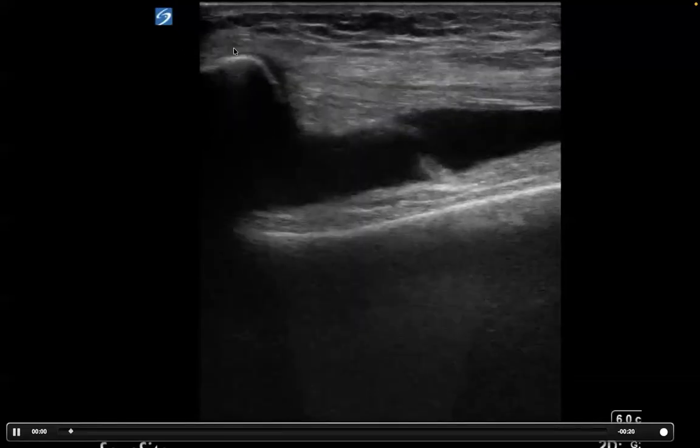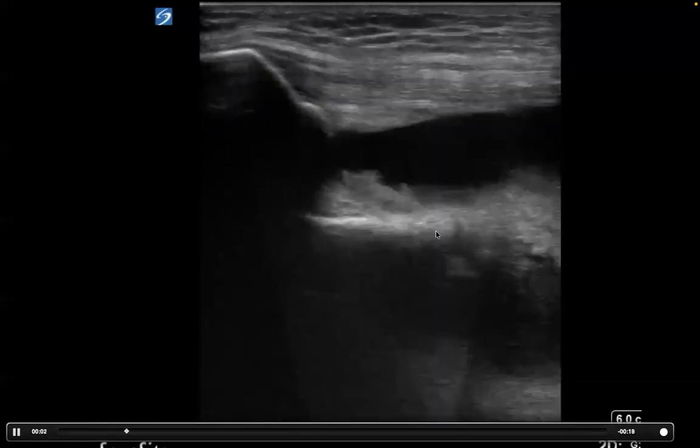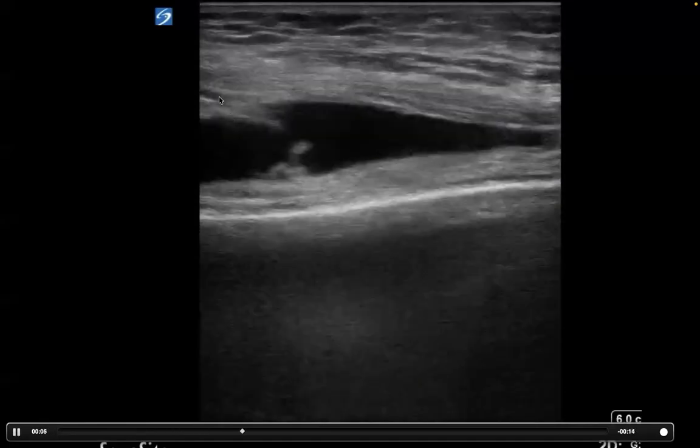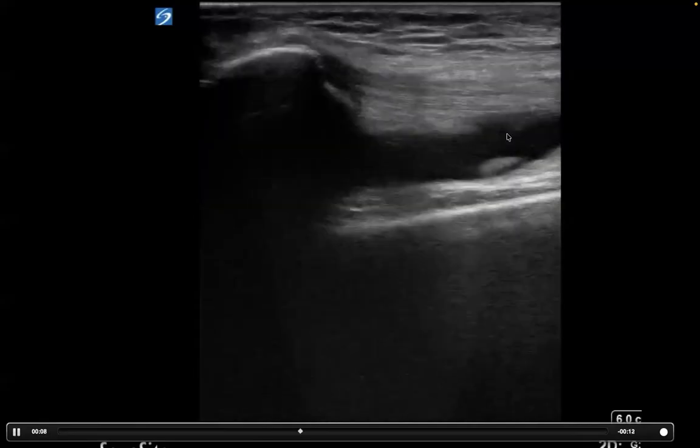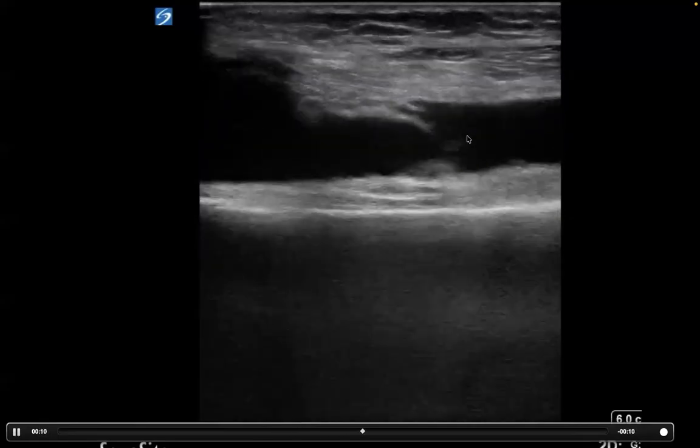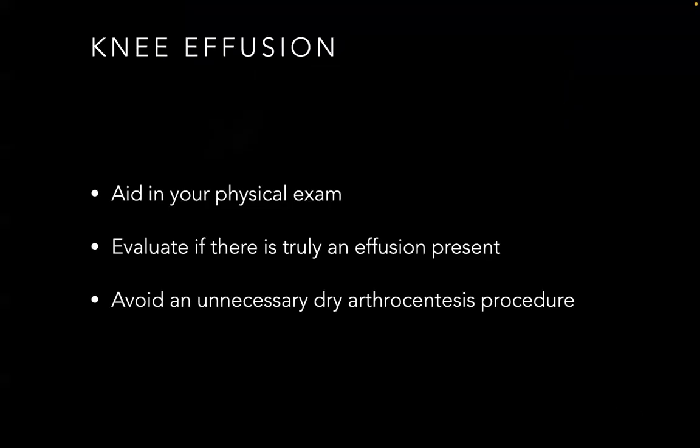Here is the bright white bone of the patella, here is the bright white bone of the femur, and there's a black stripe between these two bones. This is a sure sign of a knee effusion. And this can aid in your physical exam, avoid unnecessary dry arthrocentesis, and provide your patient some comfort and show your patient the pathology that's present.